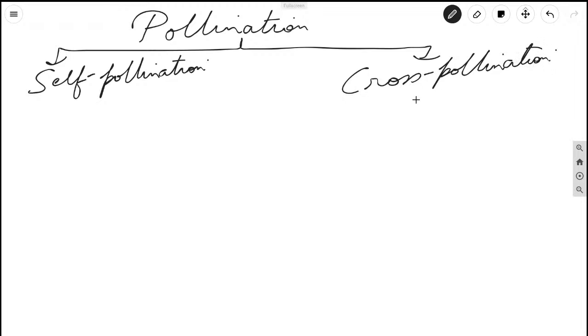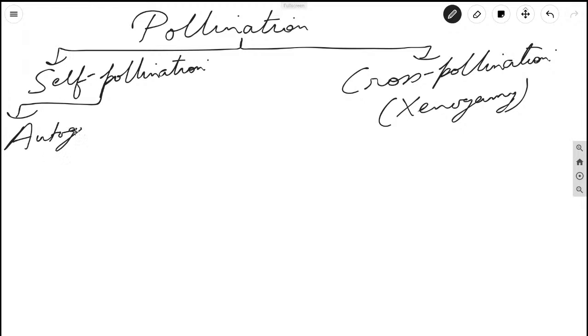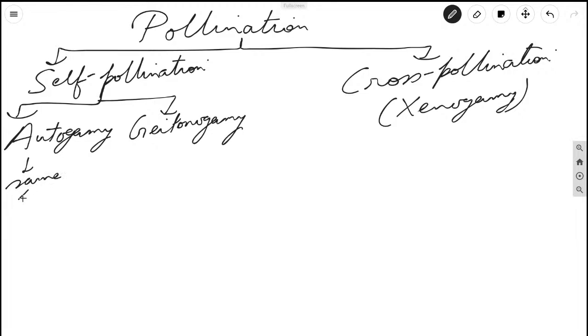Here you may have autogamy and heterogamy. Autogamy means same flower. Heterogamy means different flower of the same plant.